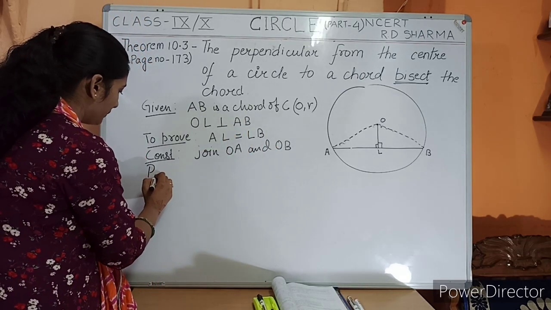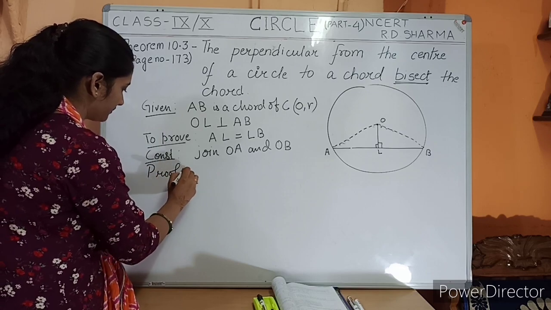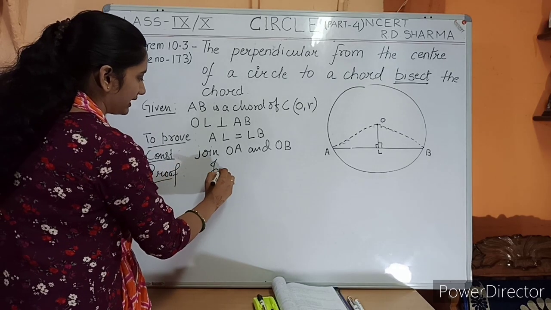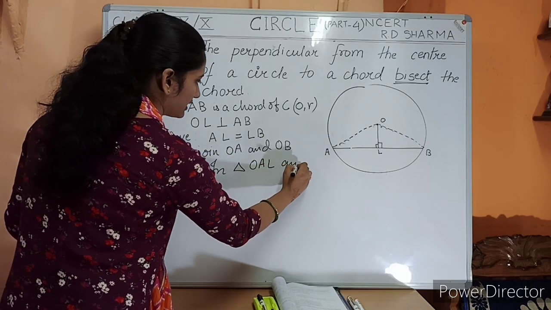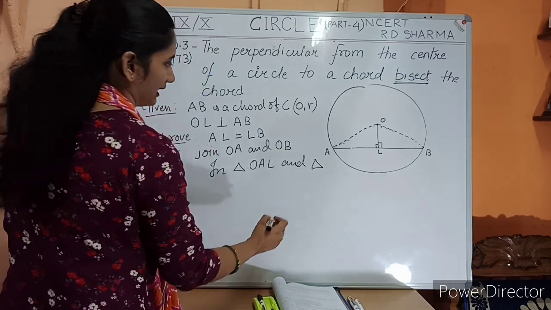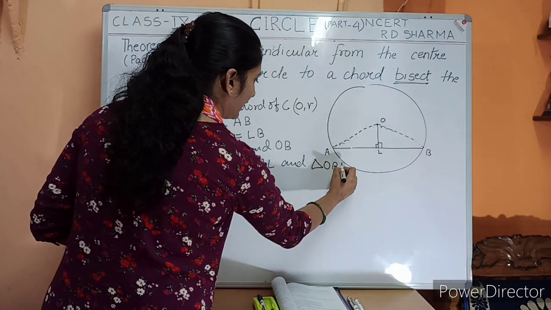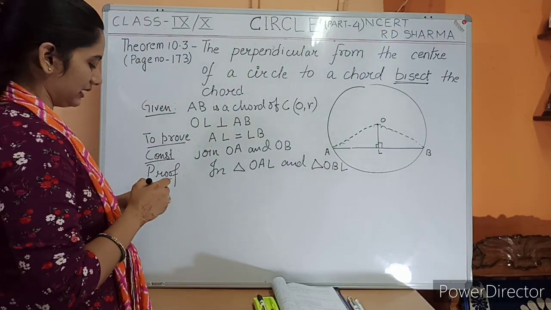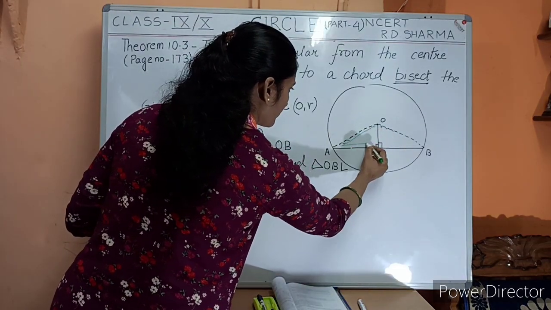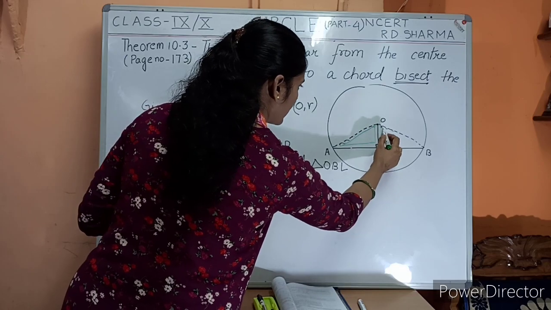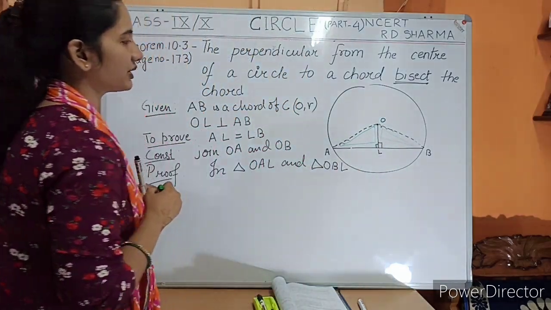So now let's see the proving part. See, we need to take the triangle. In triangle OAL, and the other triangle is OBL. In these two triangles, just check out these two triangles, this one and this one. These two triangles you need to check out.